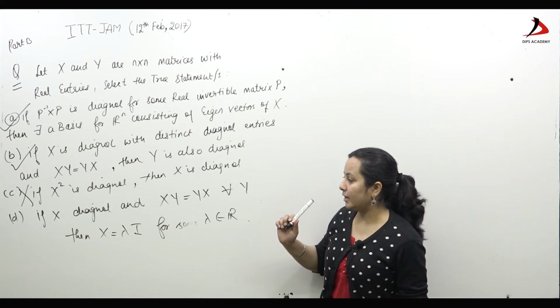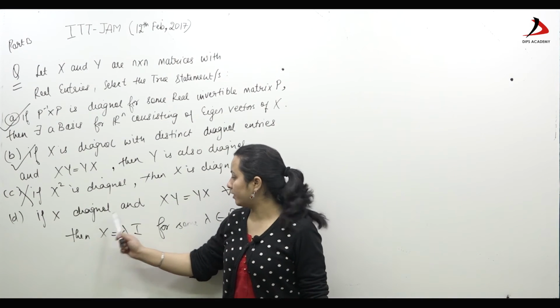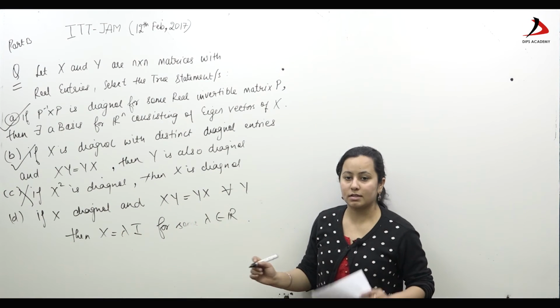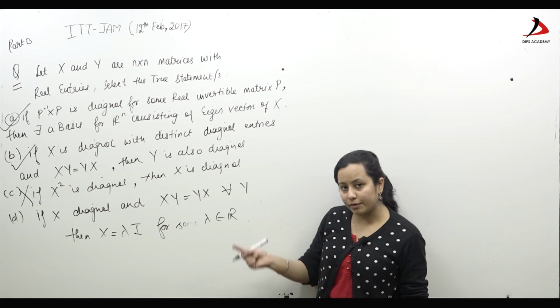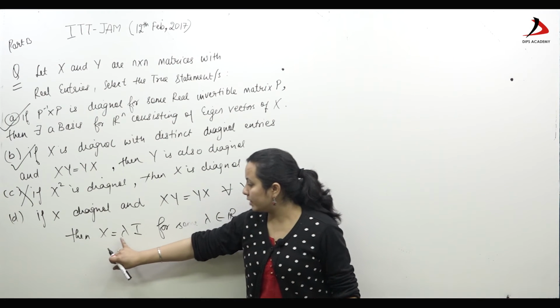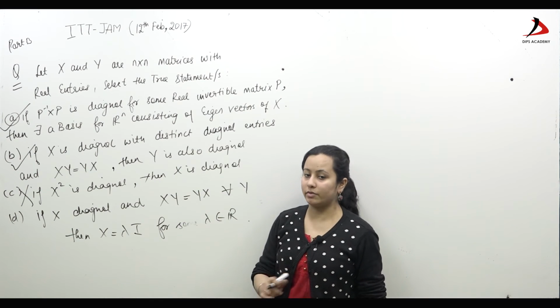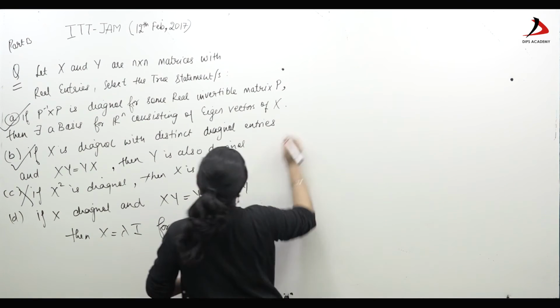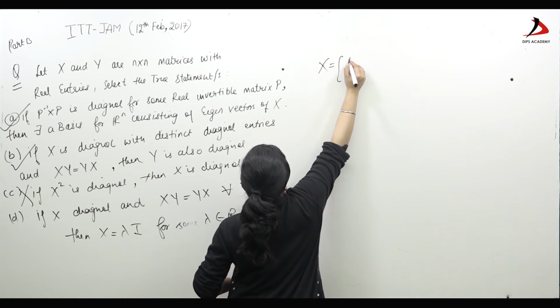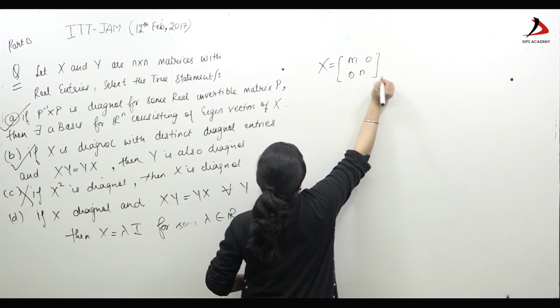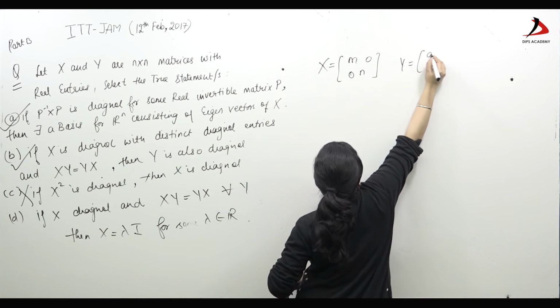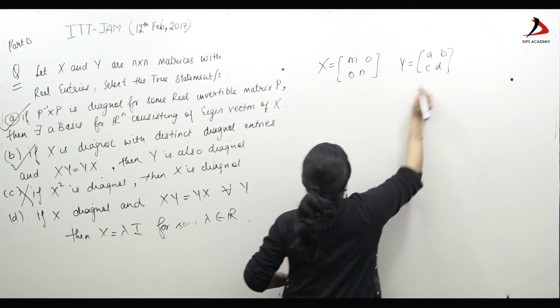Option D states that if X is any diagonal matrix and XY equal to YX, that is X commutes with every matrix, then X has to be some lambda times I, that is X has to be a scalar matrix. Now let us suppose X to be any diagonal matrix and Y to be any matrix a, b, c, d.